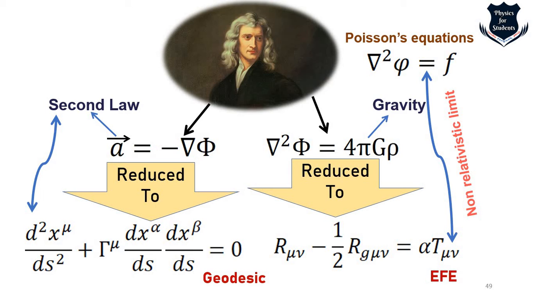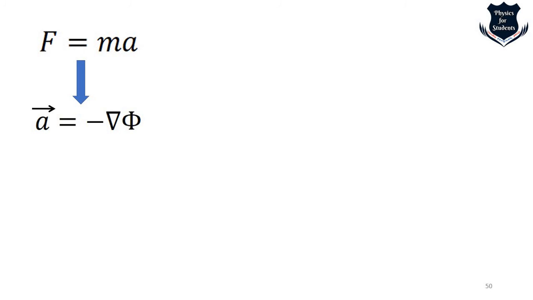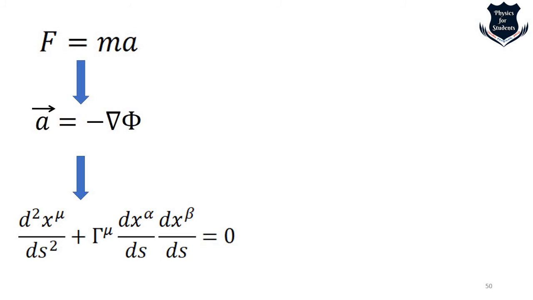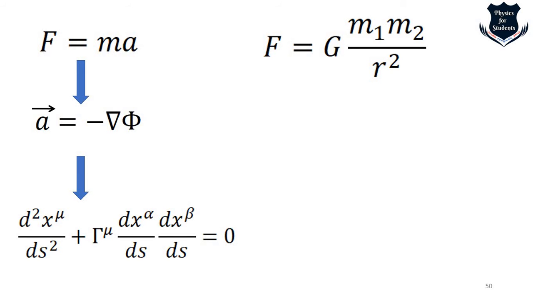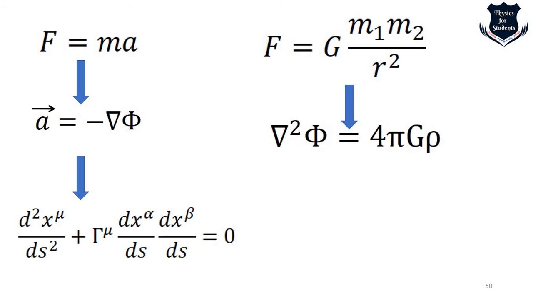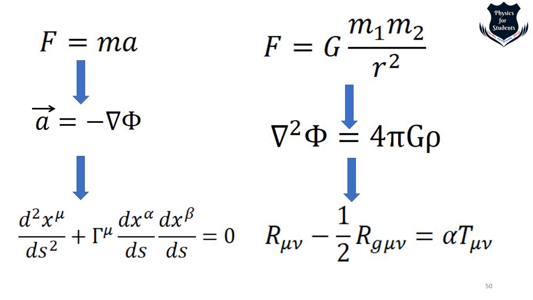This is something, right? Now if this F equals ma is being reduced to this and then to this, what is happening? Actually, the famous Newton's gravitational equation gets reduced to this, and it gets reduced to Einstein's field equations.